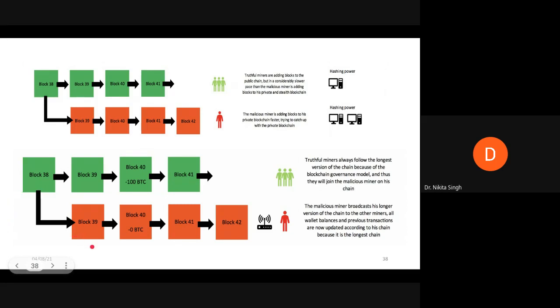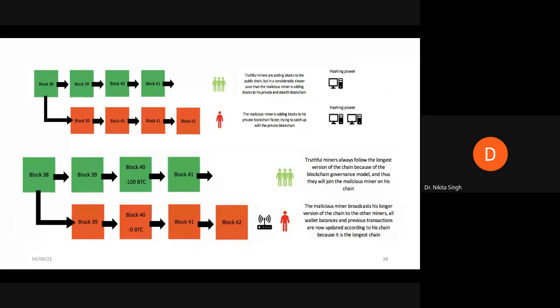Now you can see that this malicious miner is still in control of his 100 BTC. Even though he spent his 100 BTC on the honest blockchain to buy a car, he did not include this transaction here. And since in this chain he still says that he hasn't spent any BTC, he still has his 100 BTC, even though he has already spent it.